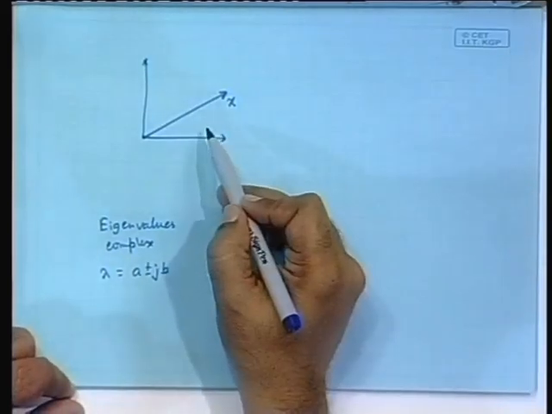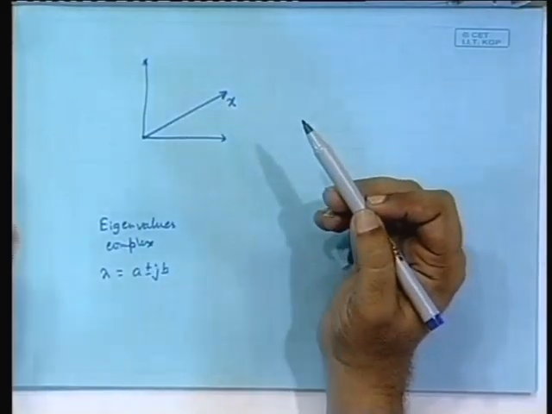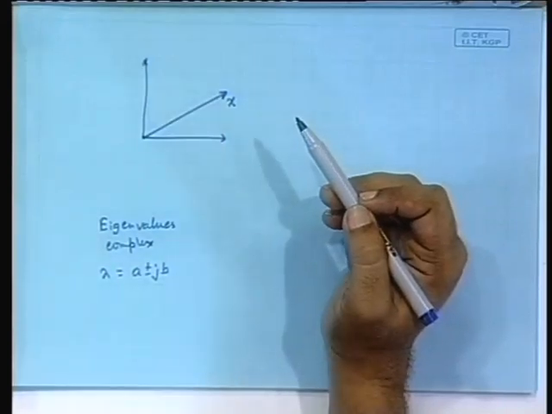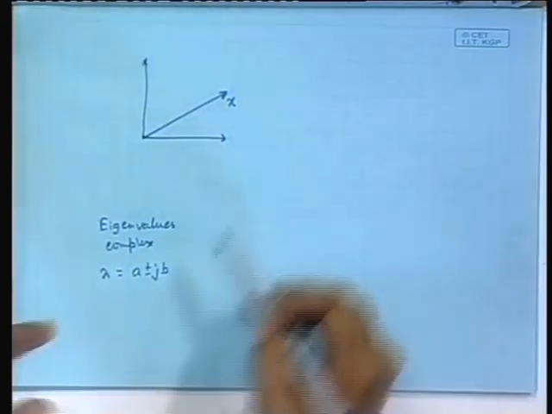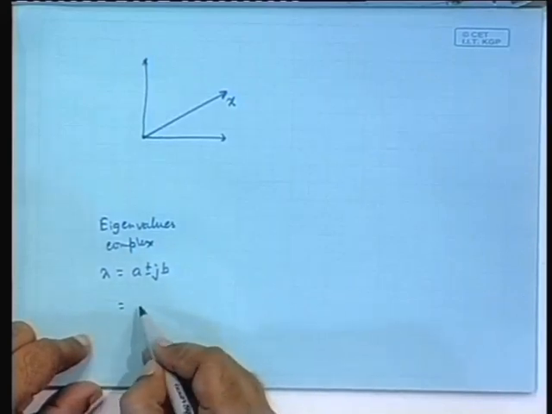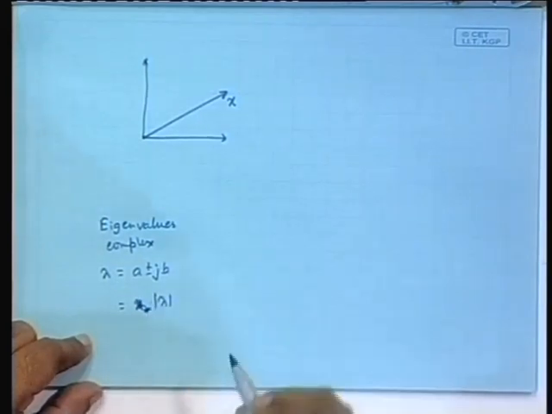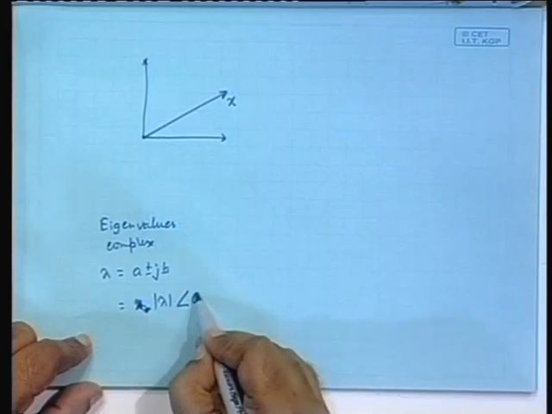Obviously, as a result of the multiplication with that matrix, this vector will be operated on by a complex number, and that complex number can also be written as, say, lambda real or magnitude angle some theta.